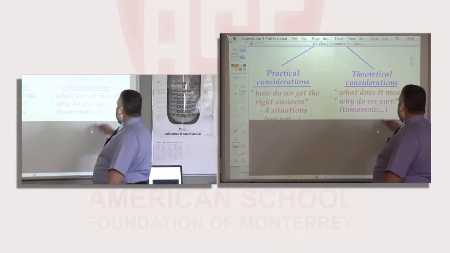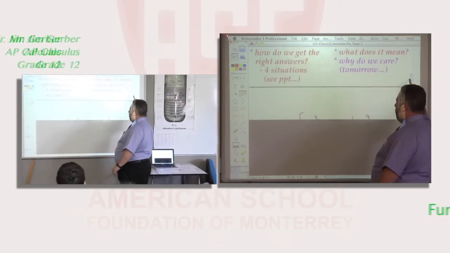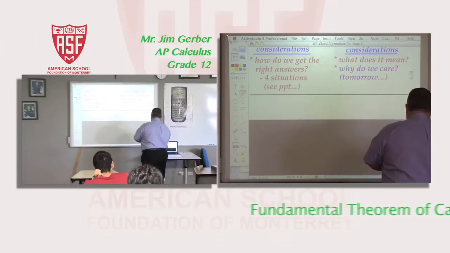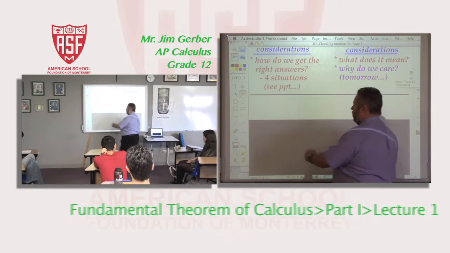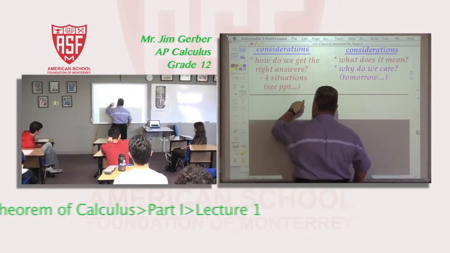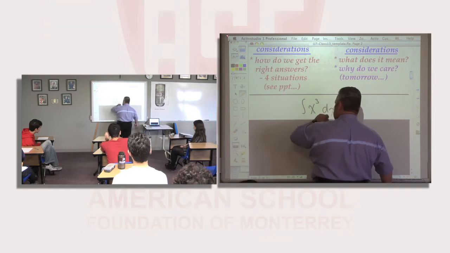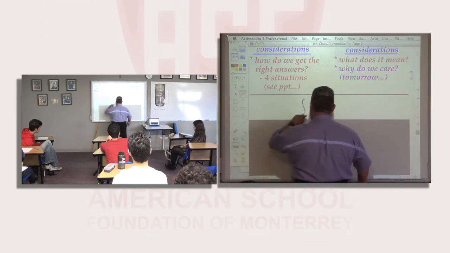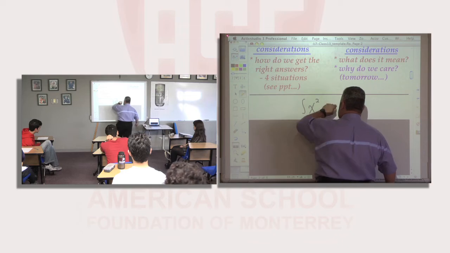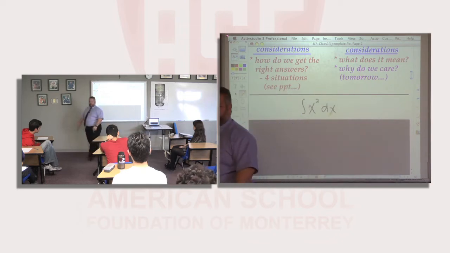I want to start with a very simple little review just to get you thinking the right way. Suppose I ask you this question. What is the integral of x cubed, I think it was actually x squared, sorry, of x squared dx? Everybody take a second and jot down your answer to that.